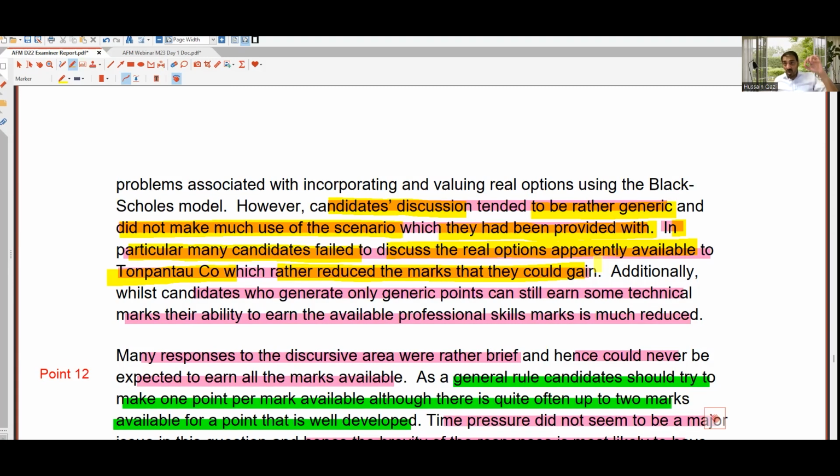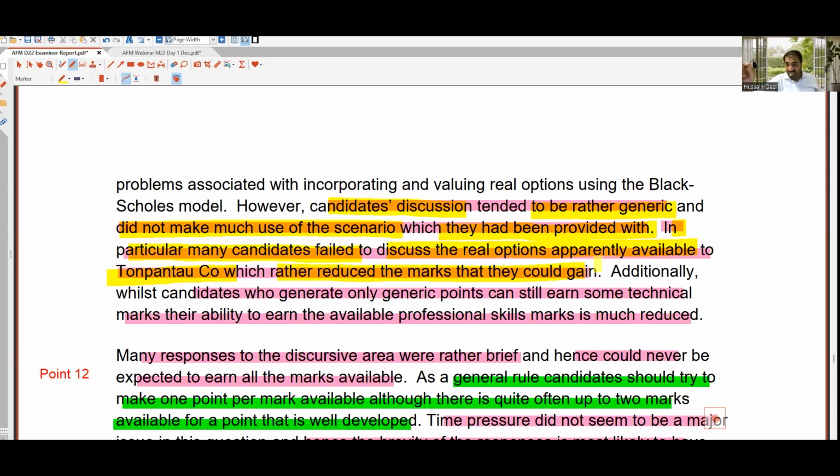Candidates, I strongly suggest that reading the question is an art. Whatever I suggest in my video on reading the question, you have to strongly consider this point. You have to strongly obey the advice and apply it to the questions. Read the question carefully, where you will identify the context of the question.